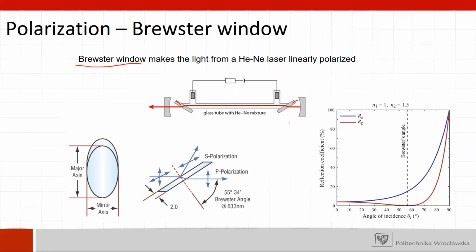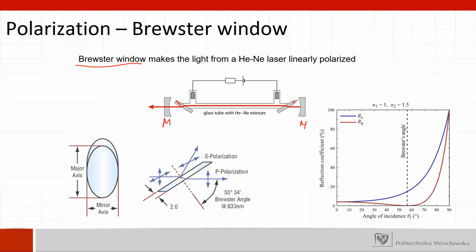It's not directly part of the resonator, because we have these mirrors here. But the Brewster windows are responsible for the linear polarization of the light at the output of this laser.